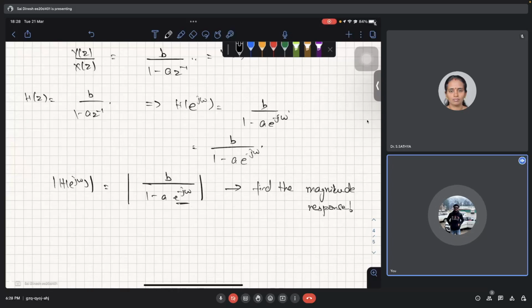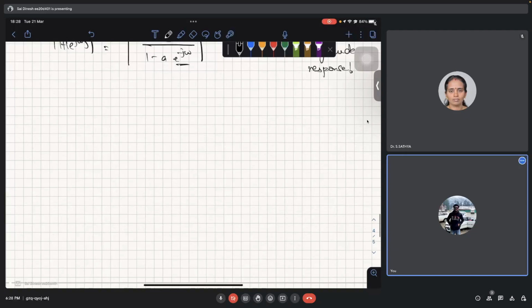Now actually let's talk about another thing, the response of a single complex zero or pole. I mean, we'll talk about both, right?